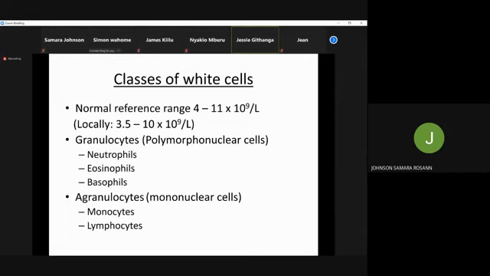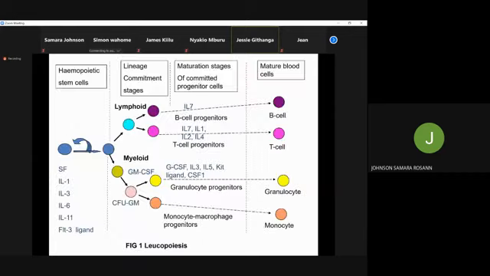Revise our leukopoiesis. This helps, especially when the first progenitor cell that is present is the hemopoietic stem cell, and this is a multipotent stem cell, meaning that it can give rise to any of the blood cells.